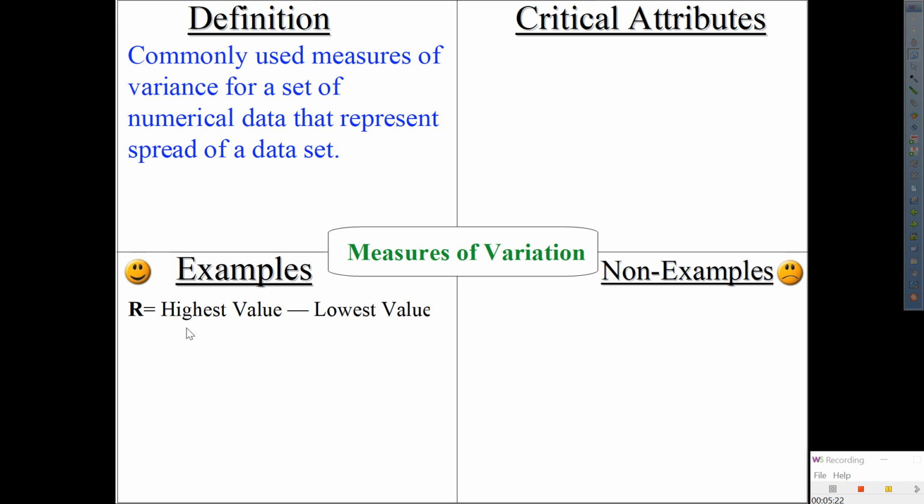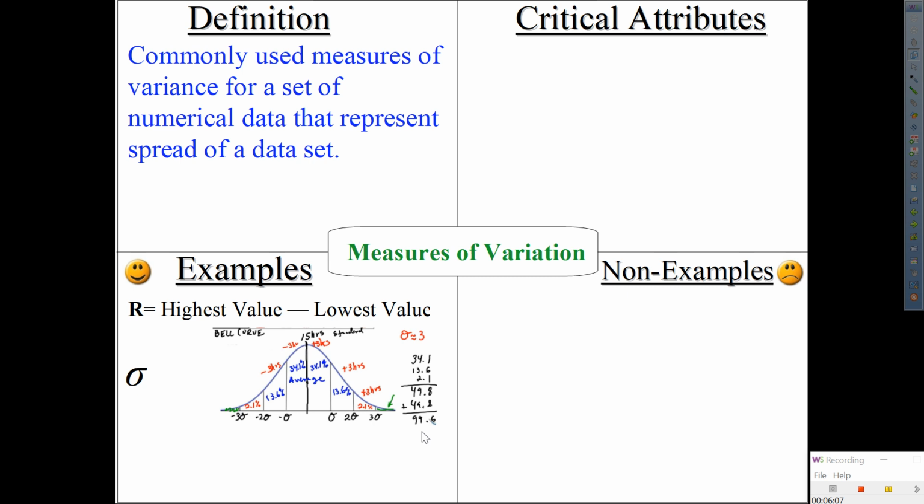Another one that we've already been working with is this one. Tell your neighbor what that is, please. Yeah, standard deviation. Write that in there. And you can write a bell curve or whatever just so you can have an example. And here's a third one.